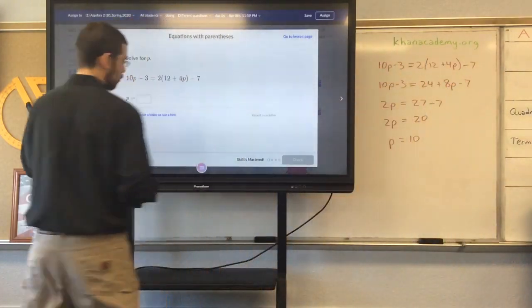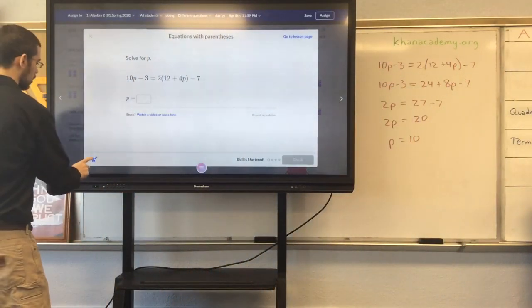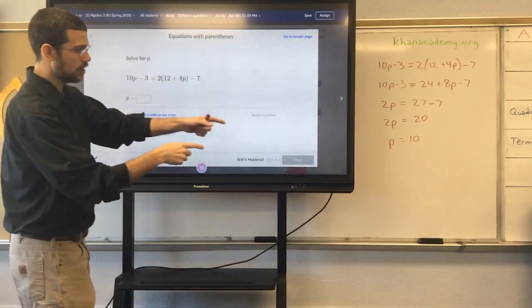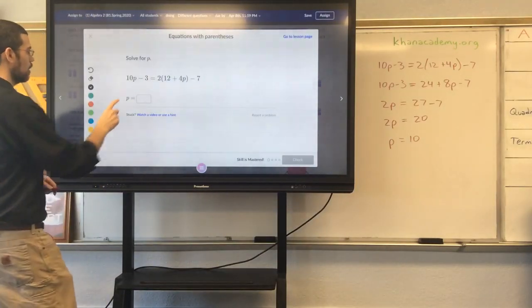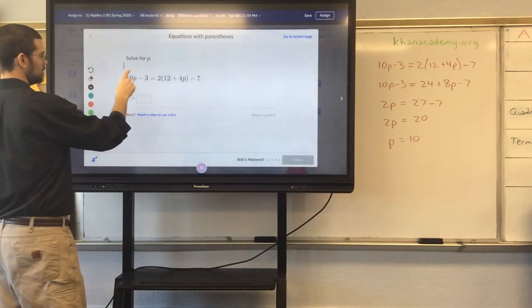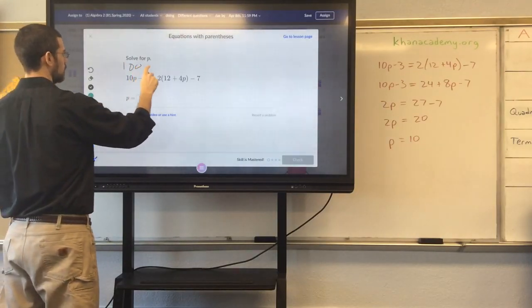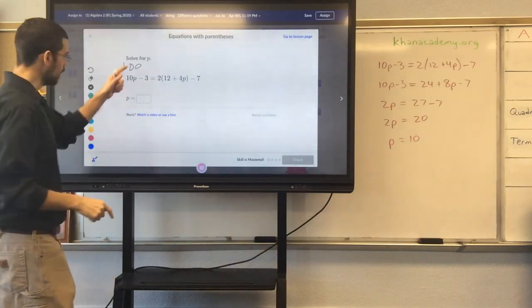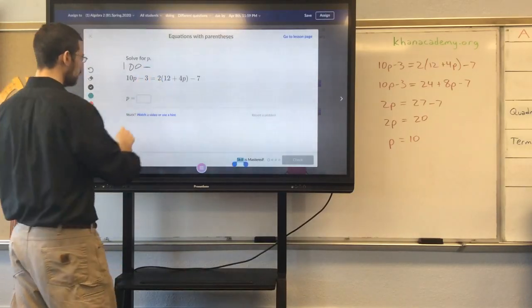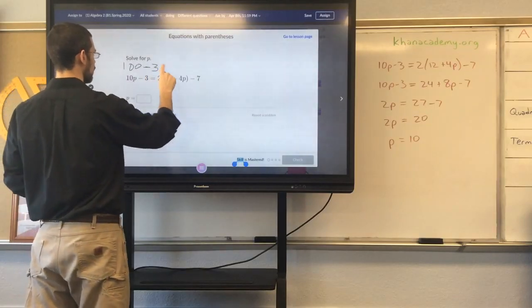Now, we want to check our answer, so we'll substitute 10 for p in the original equation, and we'll get 10 times 10 is 100, minus 3 is 97.